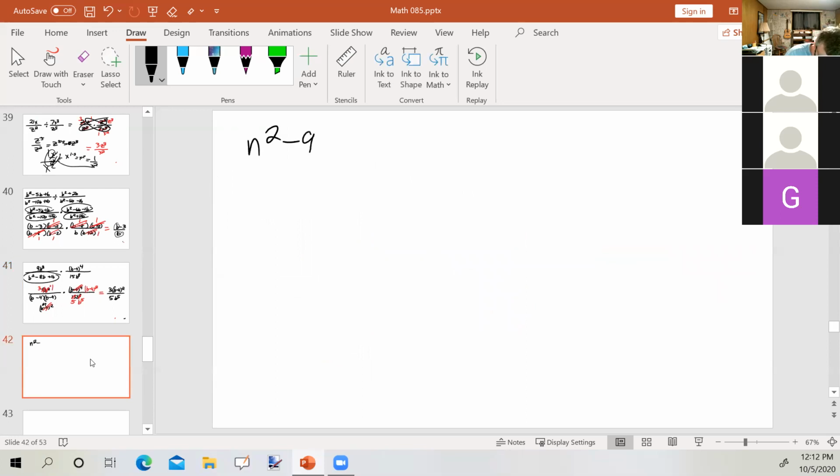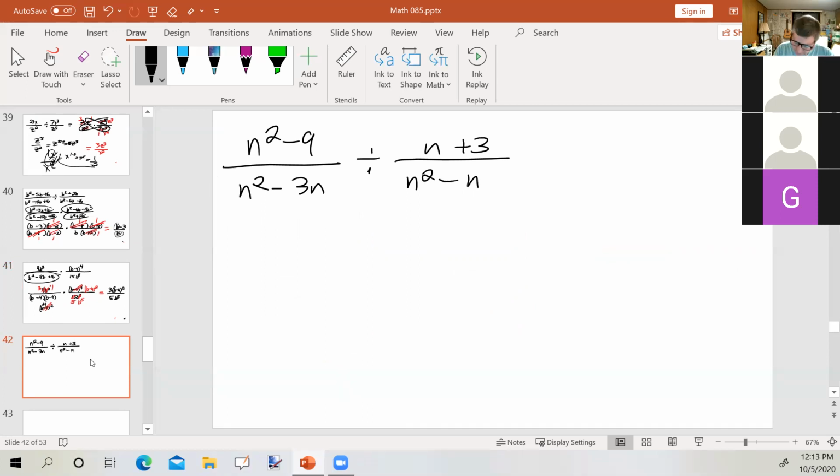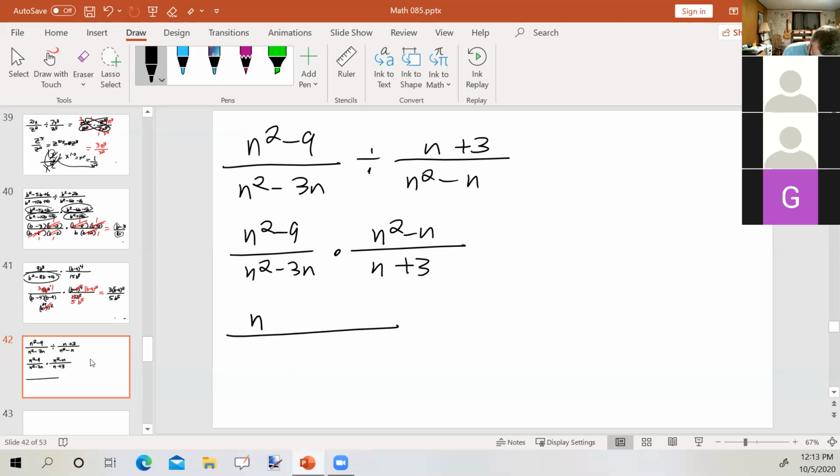n squared minus 9 over n squared minus 3n divided by n plus 3 over n squared minus n. So that would be n squared minus 9 over n squared minus 3n times the reciprocal, n squared minus n over n plus 3. But that would be n plus 3 times n minus 3.